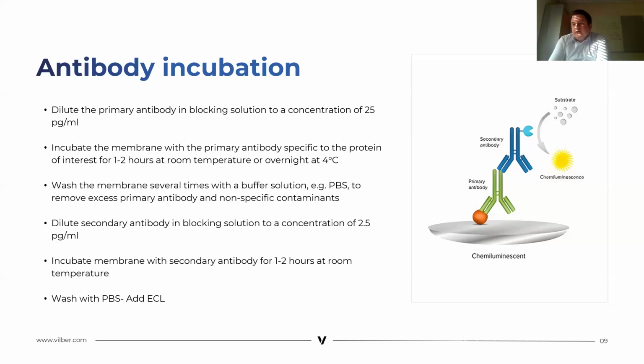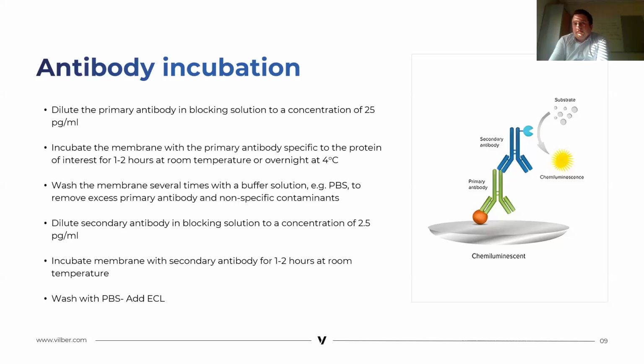And after, you have to prepare the secondary antibody by diluting it in a blocking solution to a concentration of 2.5 picogram per millimeter. And finally, you have to incubate the membrane with the secondary antibody for 1 or 2 hours at room temperature.